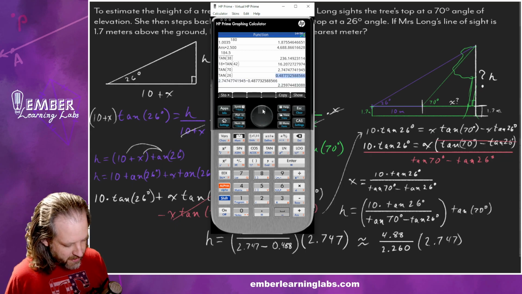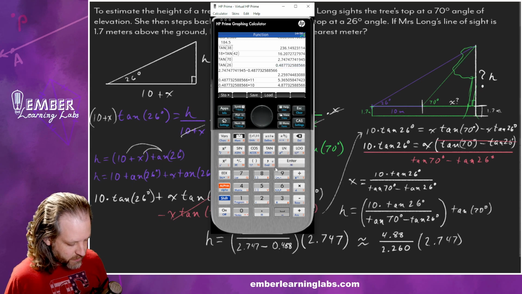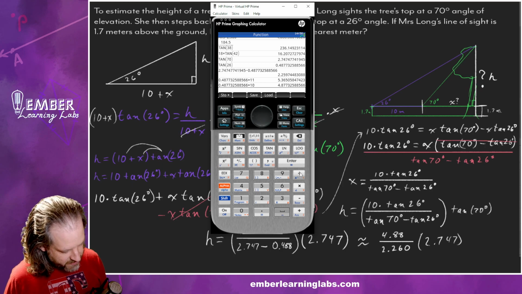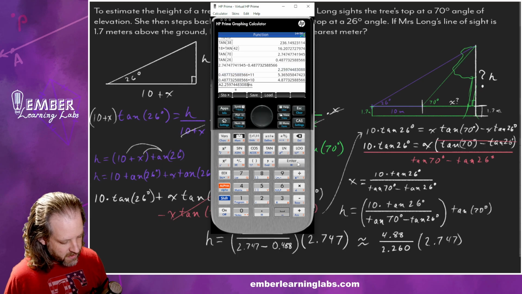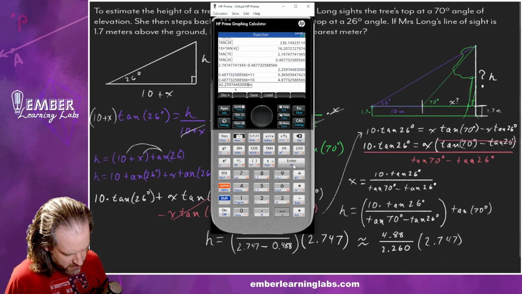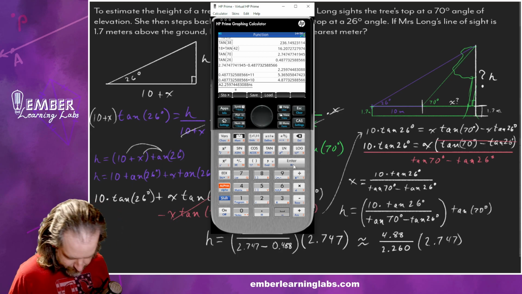Let's go up here and grab this. I'm going to get this in my calculator. That times 10, great. Oh, except I hit times 11. That times 10 equals that. So that divided by 2 point, this one. What is happening?